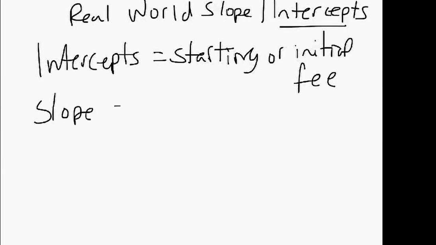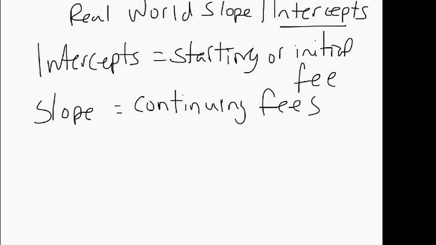We talk about real-world slopes and intercepts. Intercepts are always our starting or initial fee, and slope is always our continuing fees.